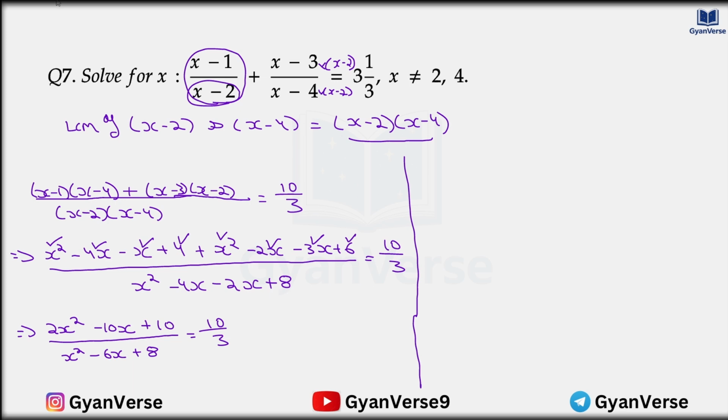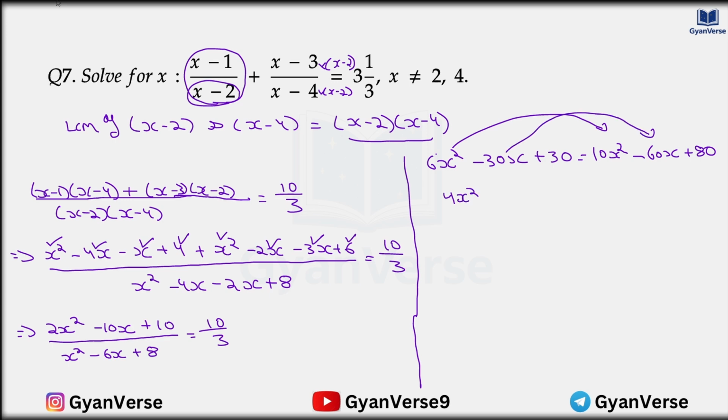So it will become 6x square minus 30x plus 30 equal to 10x square minus 60x plus 80. This 6x square will go to the other side, will become 4x square. Minus 30x will go to the other side and it will become plus 30x, and then we'll subtract it from minus 60, then it will become minus 30x.